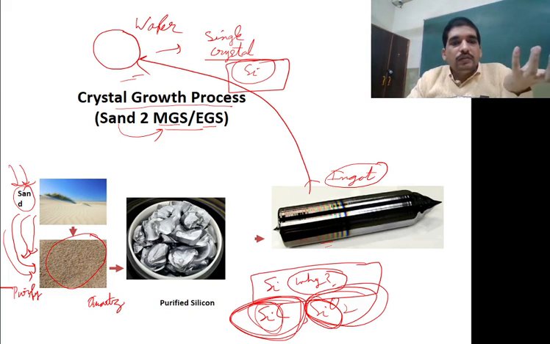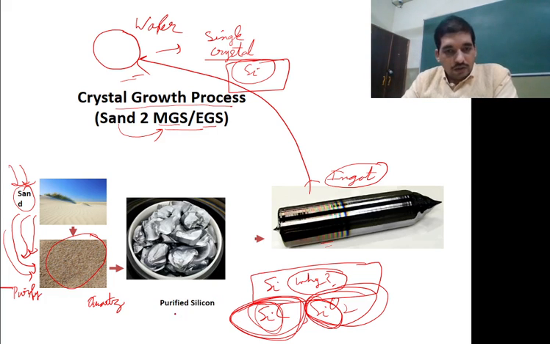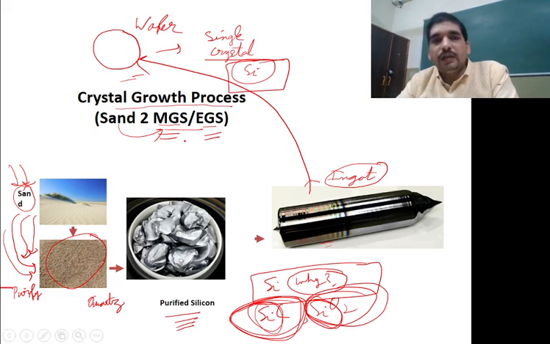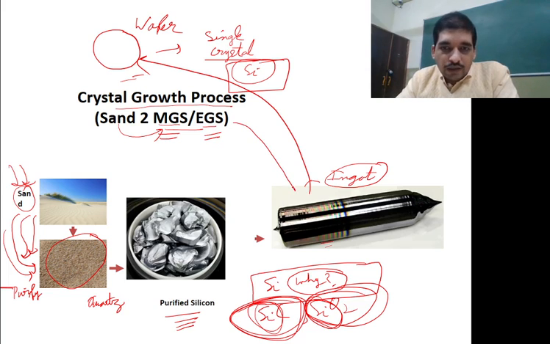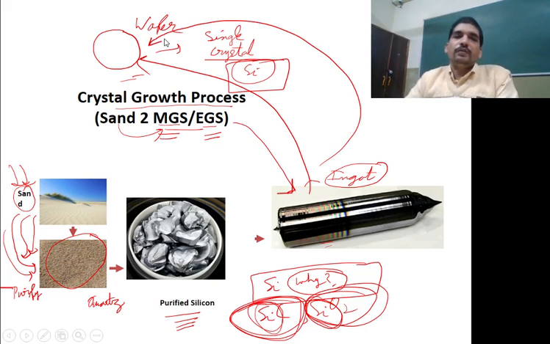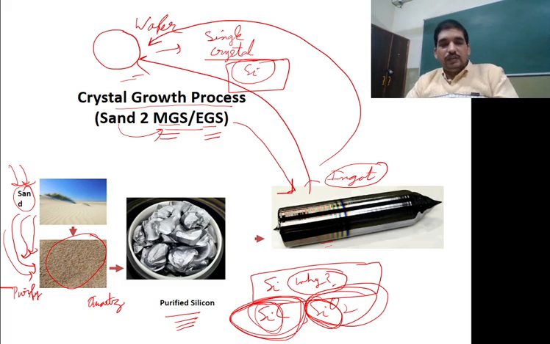We use that quartz, and from that quartz we obtain the silicon. That silicon which we obtain from this is known as purified silicon. Initially we obtain MGS, that is metallurgical grade silicon, and then we obtain EGS, that means electronic grade silicon. From that we obtain the silicon ingot, and from this ingot we obtain the wafer, and then our fabrication onto the wafer will start. This is the initial phase. I hope this picture clears how we are going to proceed. So let us proceed and discuss these points.